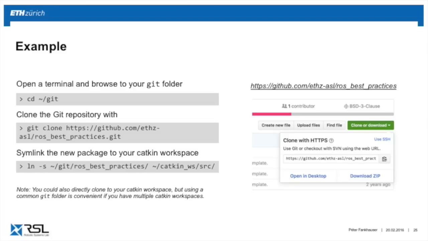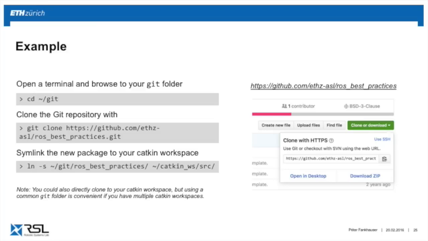Now we come to a second example. What I'd like to do is go on a typical GitHub website and have you download, clone a Git repository. This is a typical tool that you'll see when working with software. And then we're going to build this on your system. So you can go on the website github.com/ETH-ASL/ROS_best_practices.